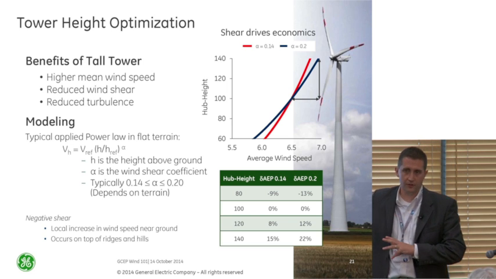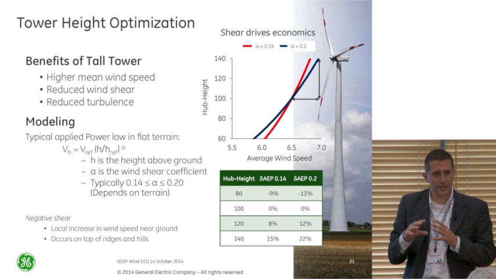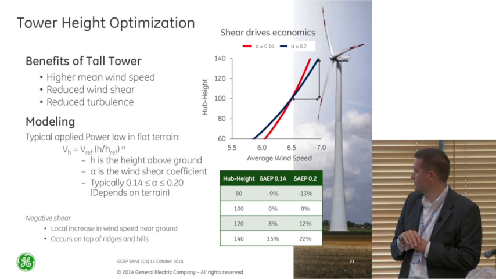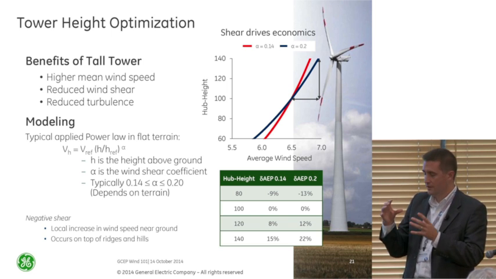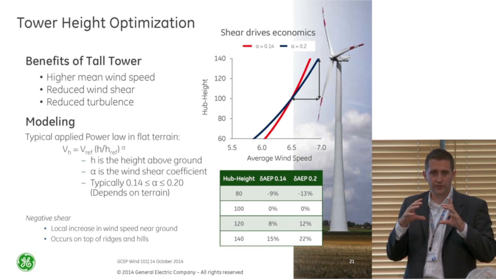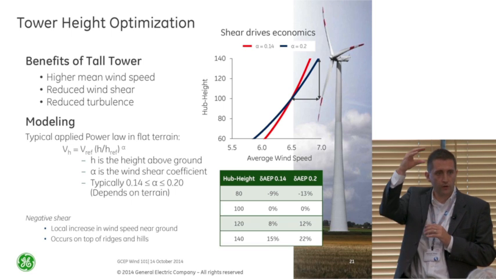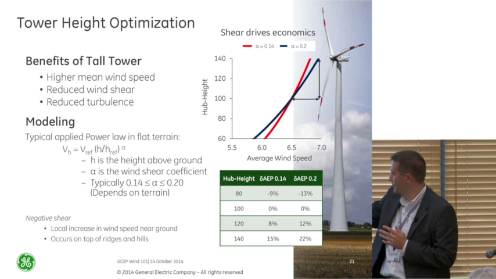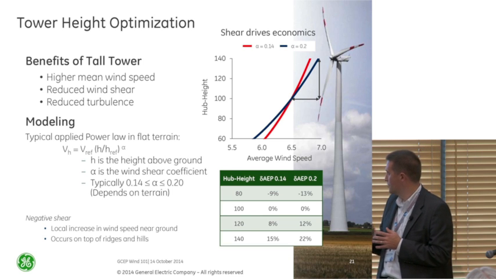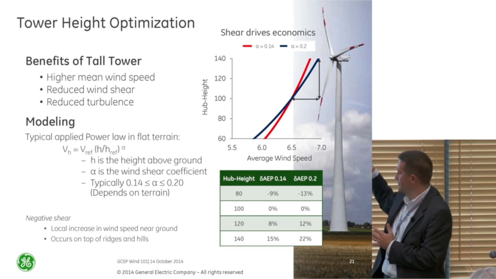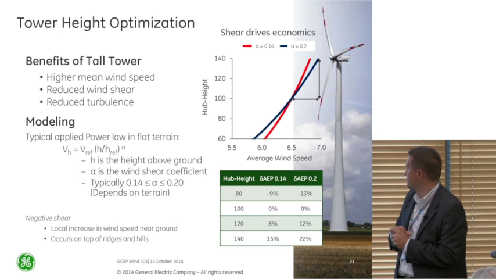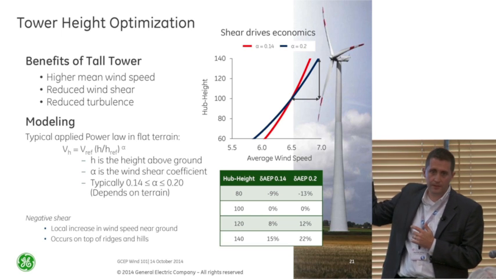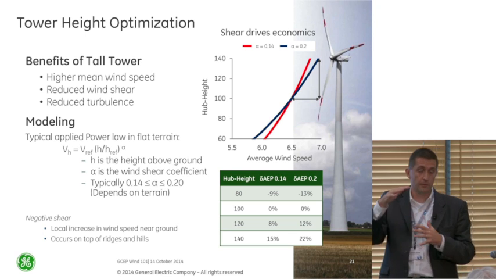There are obviously a lot more advanced ways, but this can generally be translated as a power law, where you take a reference height and a reference wind speed, and if I go to a new height, I just multiply it by an exponent. The exponent is typically around 0.14 to 0.2, so you can see you get increasing average wind speeds as I go up and down in terms of hub heights.